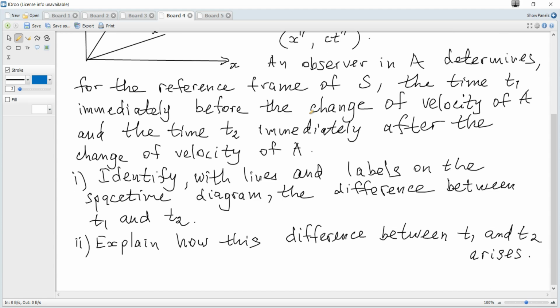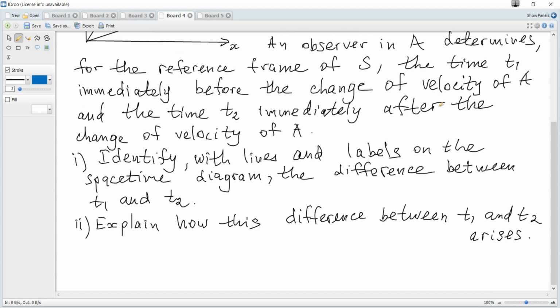And explain how this difference between t1 and t2 arises.